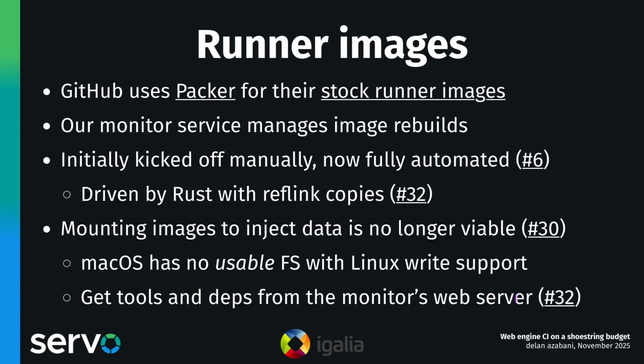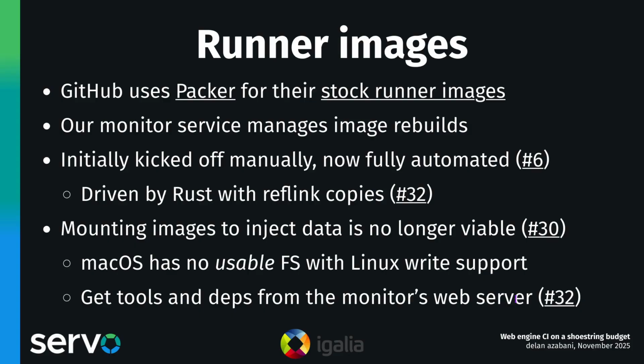But we stopped being able to do this eventually because, well, essentially because of macOS. macOS has no file system that is usable for building Servo that can also be mounted on Linux with write support. Because just think about them, right? We've got HFS Plus, which Linux can write to, but only if there's no journaling. And you can't install macOS on HFS Plus without journaling. There's APFS, which Linux has no support for.